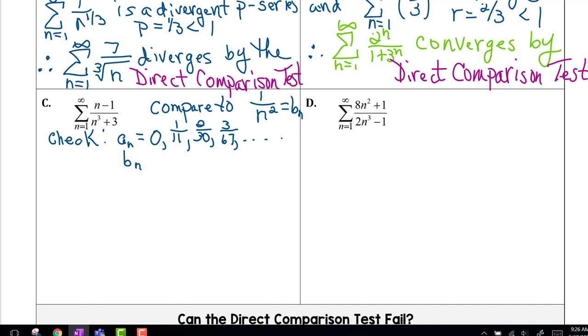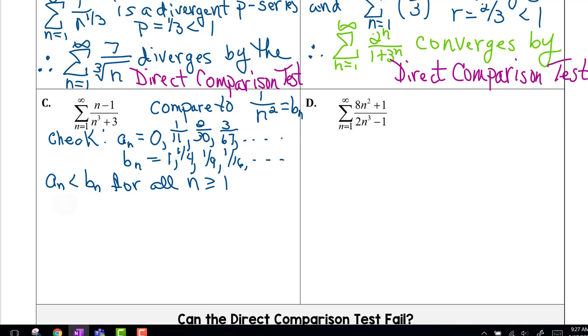And with your b sub n's, you're going to get 1/4, then 1/9, and then 1/16. And what you can see all the time is that your a sub n is less than your b sub n, and that's for all n greater than or equal to 1.